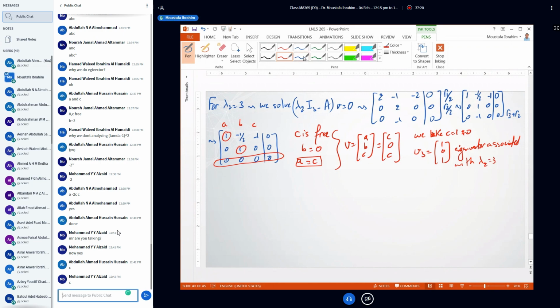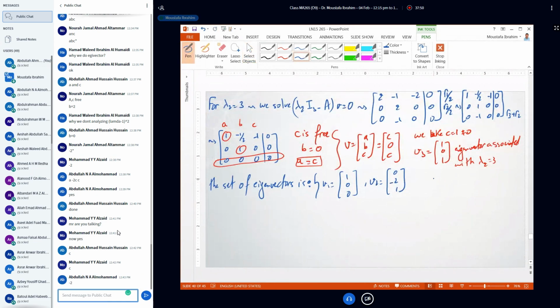So far we have the set of eigenvectors: V1 is (1, 0, 0), V2 is (0, -2, 1), and V3 is (1, 0, 1).